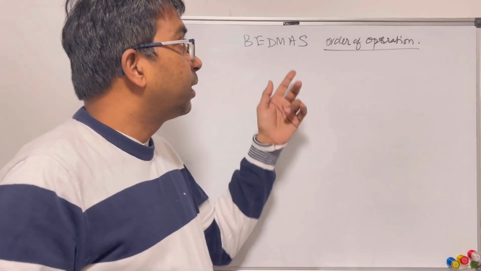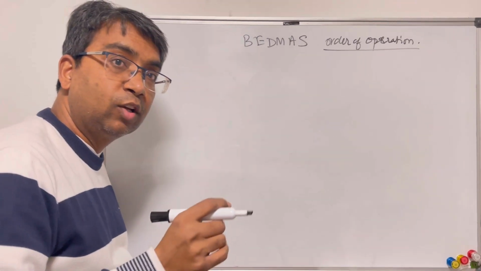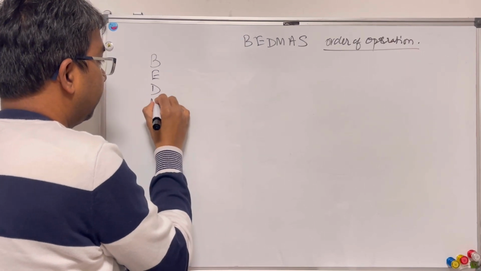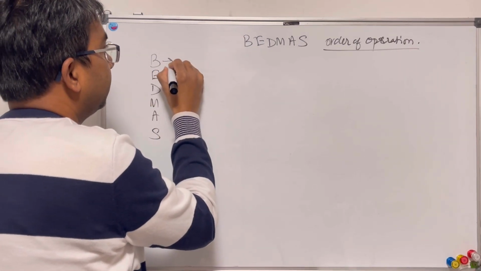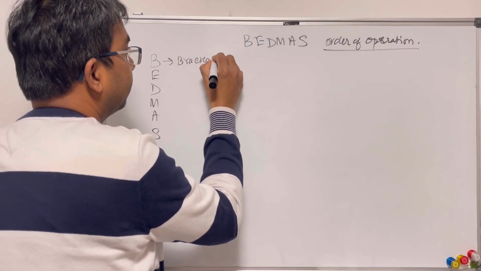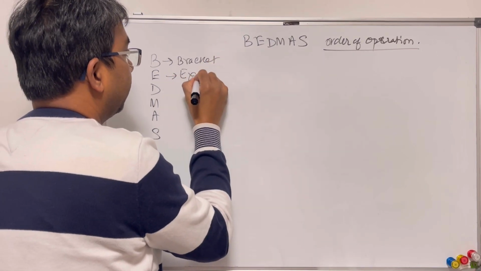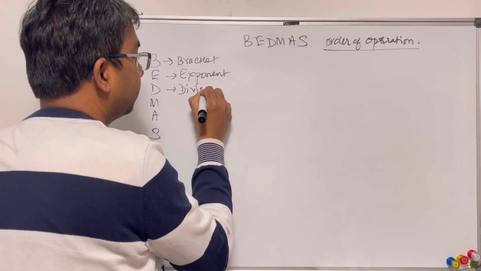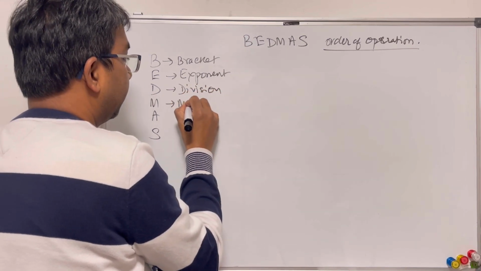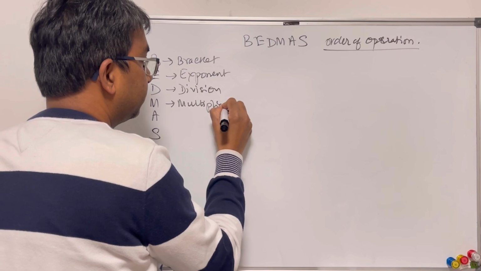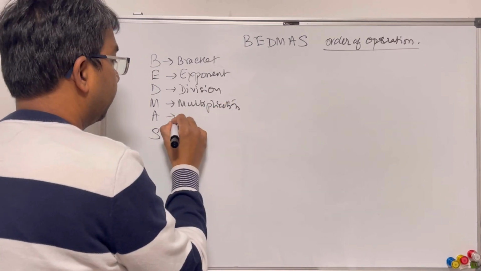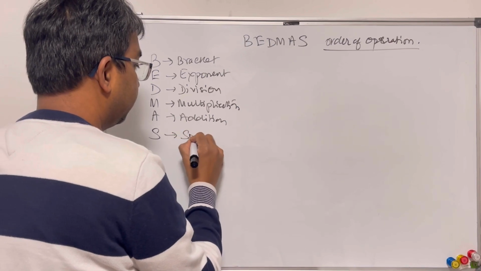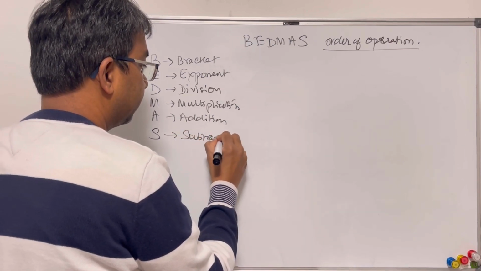So each letter of BEDMAS represents a mathematical operation: B, E, D, M, A, S. B represents bracket, E exponent, D division, M multiplication, A addition, and S subtraction.